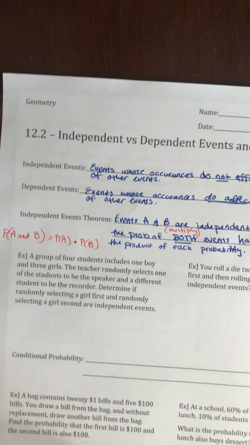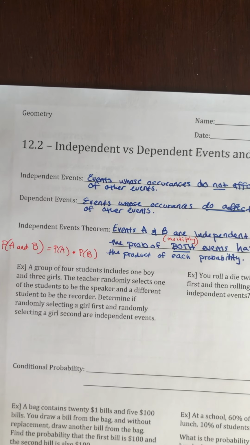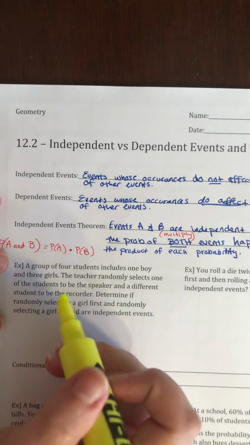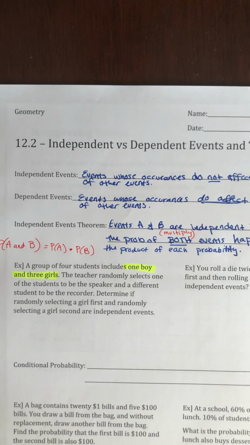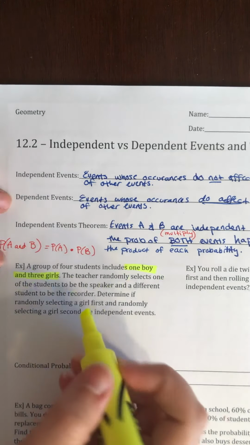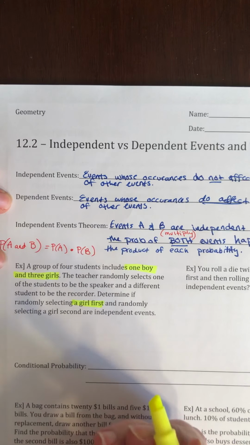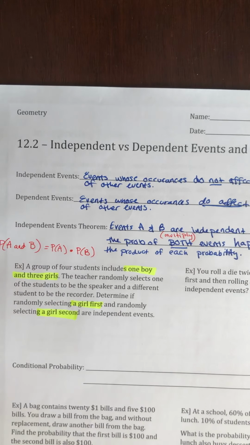So here we have a group of 4 students, includes 1 boy and 3 girls, that's important. A teacher randomly selects one of the students to be the speaker and a different student to be the recorder. Determine if randomly selecting a girl first and a girl second are independent events. Are they independent?